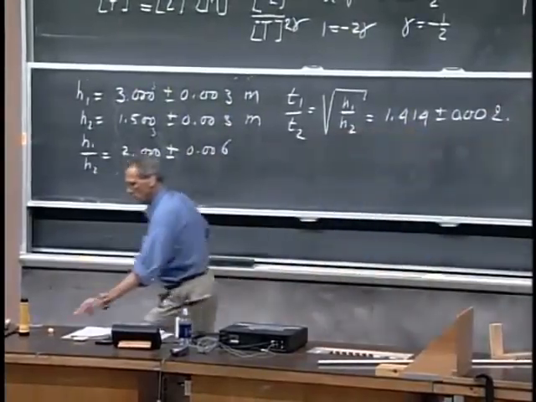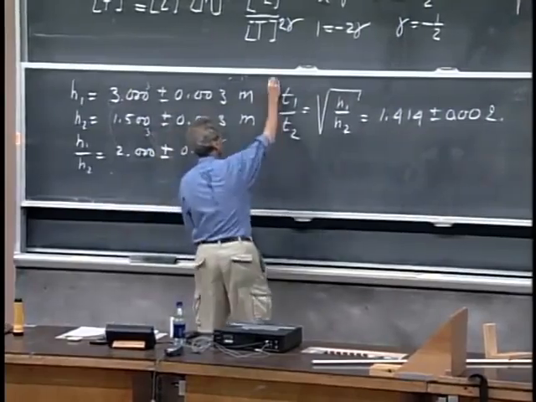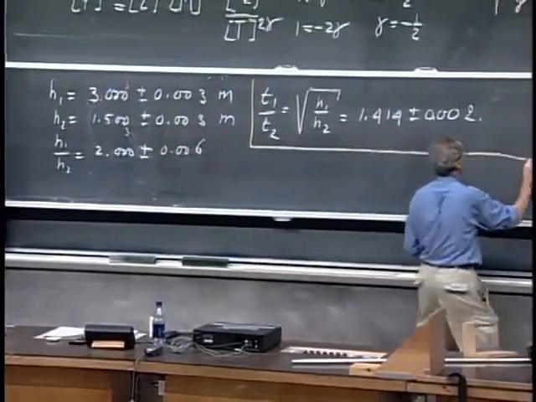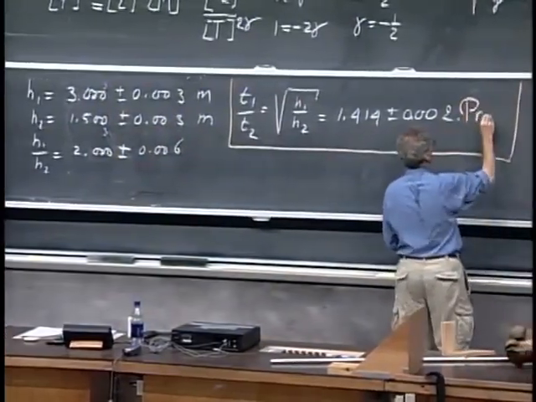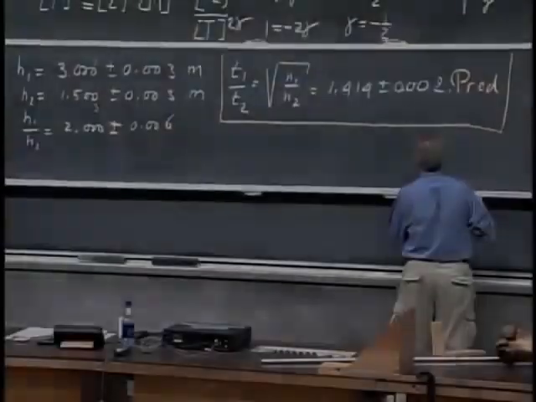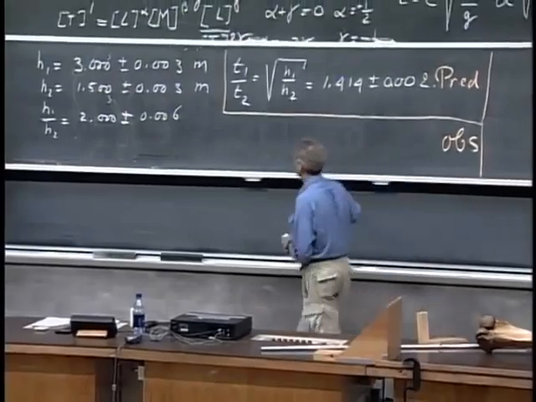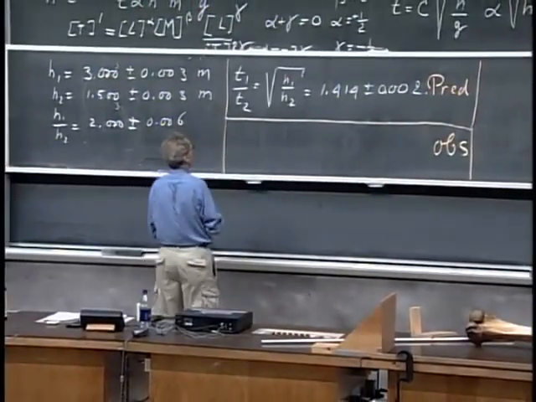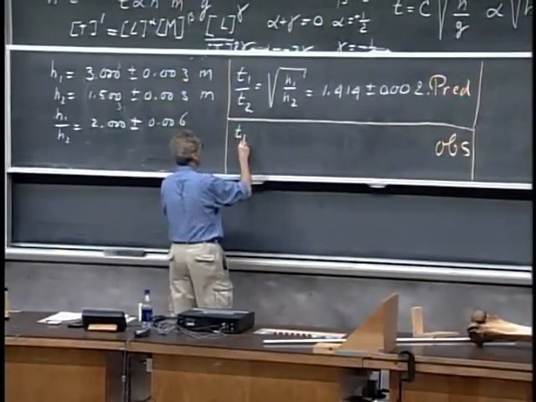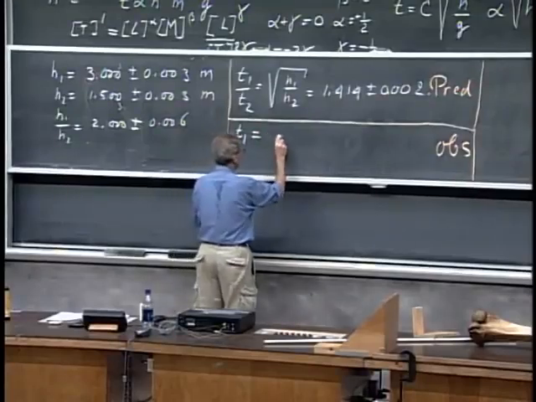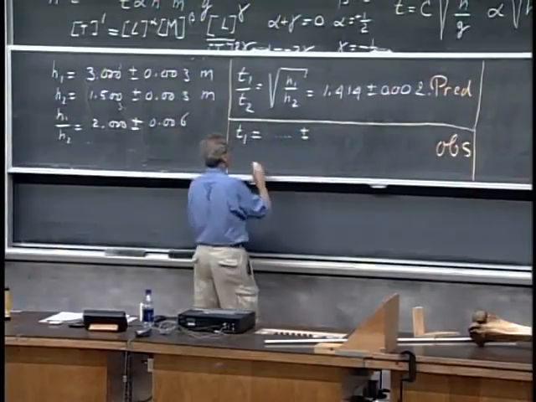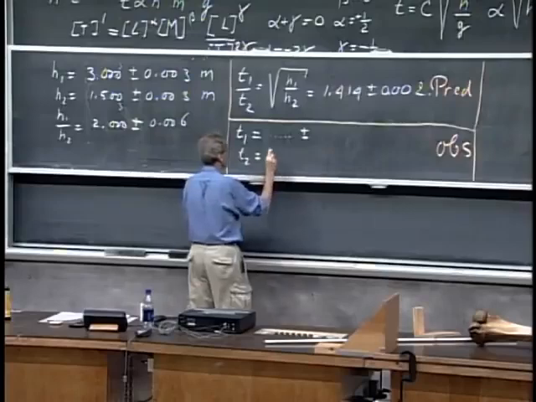So here is a firm prediction. And now we're going to make an observation. So we're going to measure T1, and there's going to be a number, and then we're going to measure T2, and there's going to be a number.